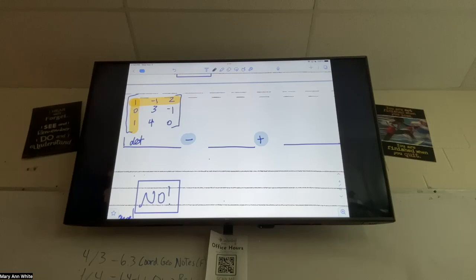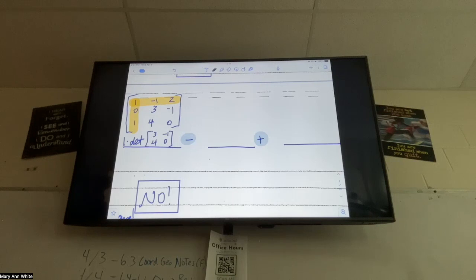So we're going to do 1 times the determinant of 3, -1, 4, 0. Do you guys see that little 2x2 that's left in like the blank space that's not highlighted? So 1 times the determinant of 3, -1, 4, 0.